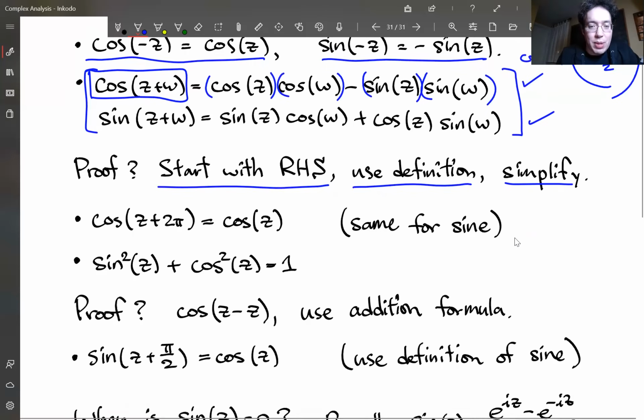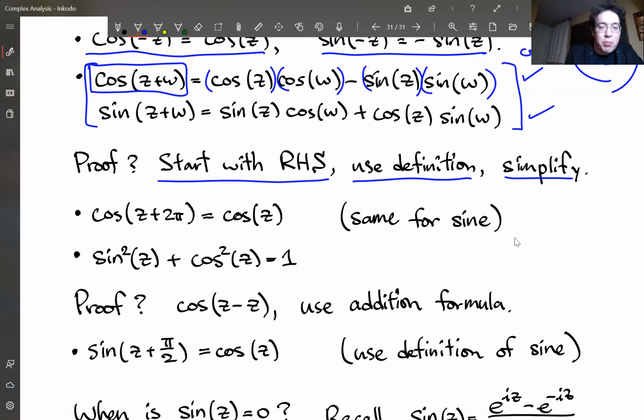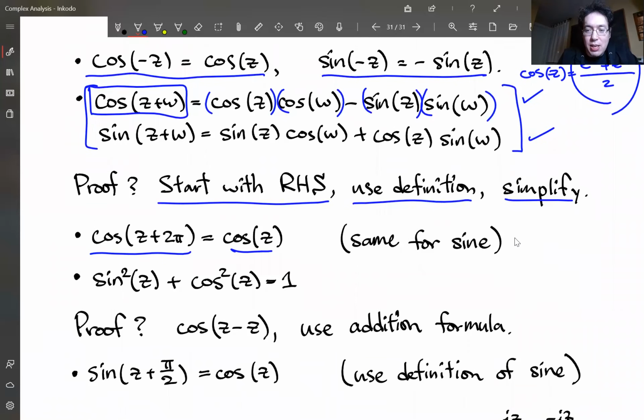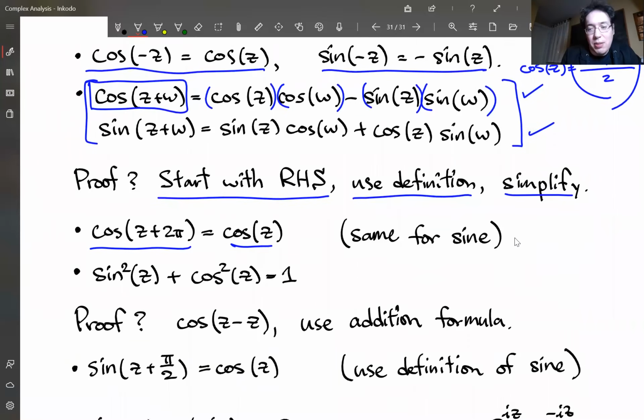Which is great. For example, cosine of z plus 2 pi is equal to cosine of z. You could just plug in 2 pi for w and get this. And same is true for sine. So cosine and sine are 2 pi periodic.